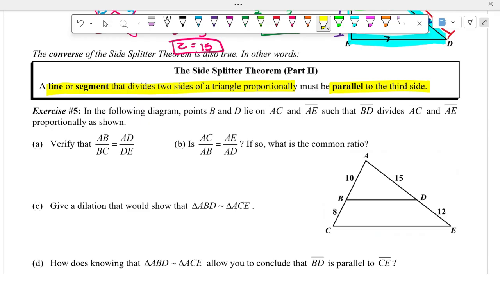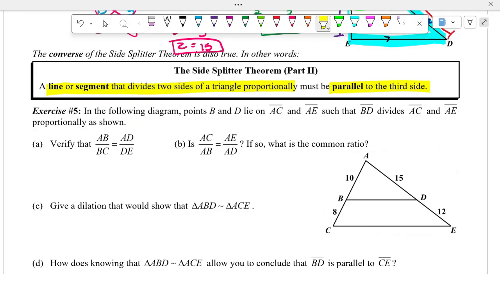So it's pretty much just the opposite of what we already did. If you have parallel sides, and you split the sides, they're proportional. So in other words, if the sides are proportional, then those 2 sides have to be parallel.